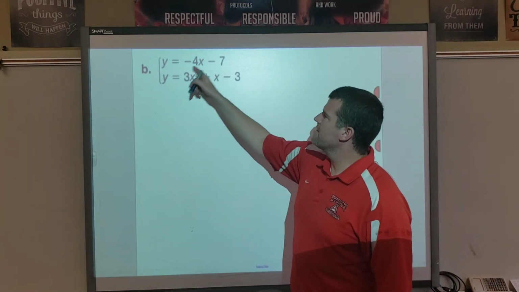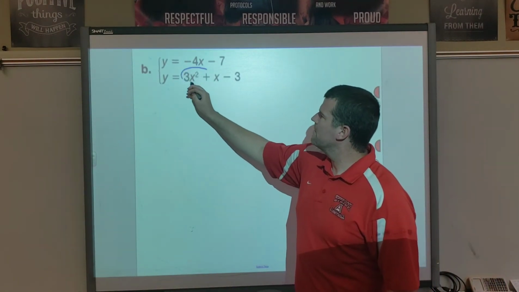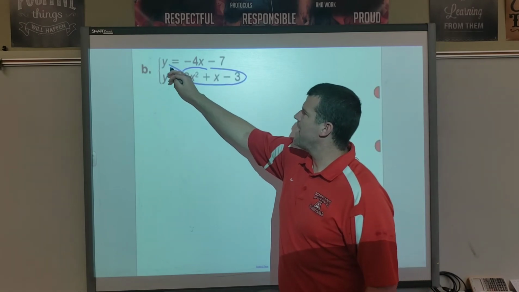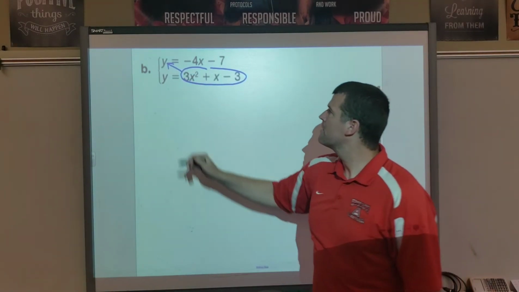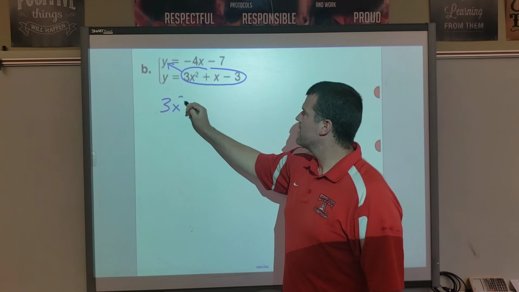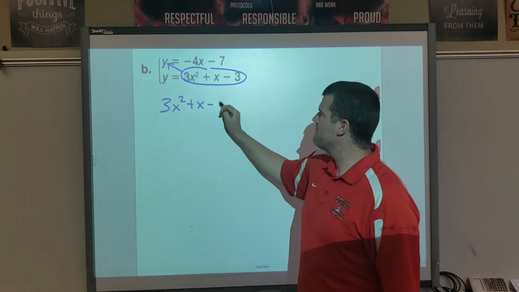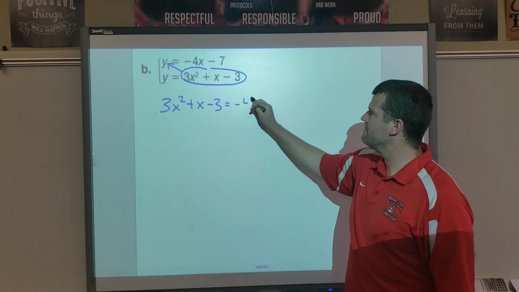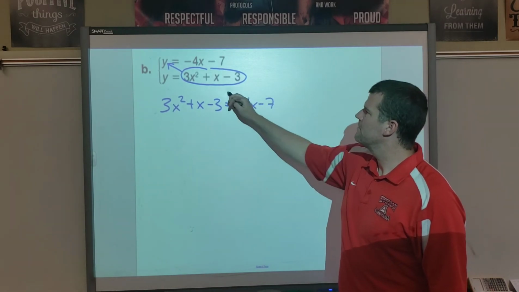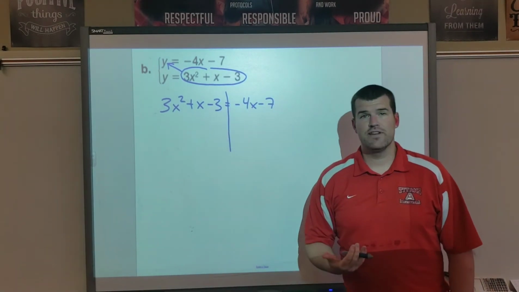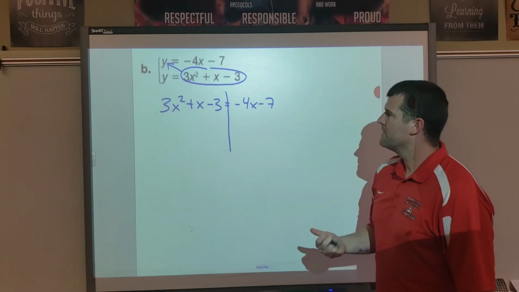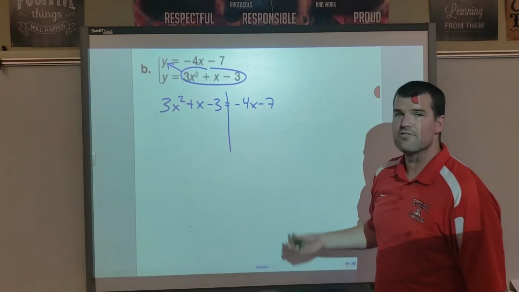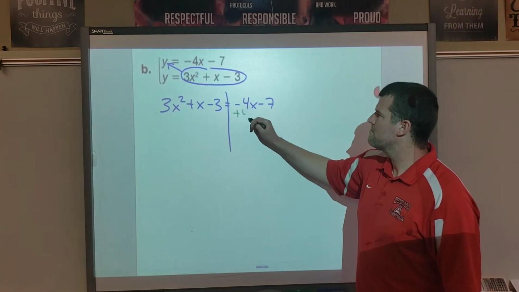Like I said, we could plug this in for this y, or we could take this and plug it in for that y. Doesn't matter. If I do it that way, I get 3x squared plus x minus 3 equals negative 4x minus 7. We're going to solve it by setting it equal to 0, put it in standard form so that we can use the quadratic formula.